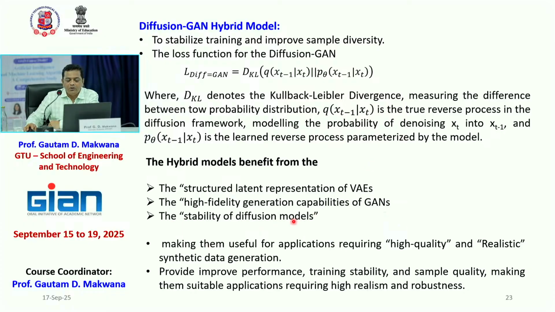So whatever the positive points of all these models, VAE, GAN, and the diffusion model, all are combined to make better generation of AI content, making them useful for applications requiring high quality and realistic synthetic data generation.